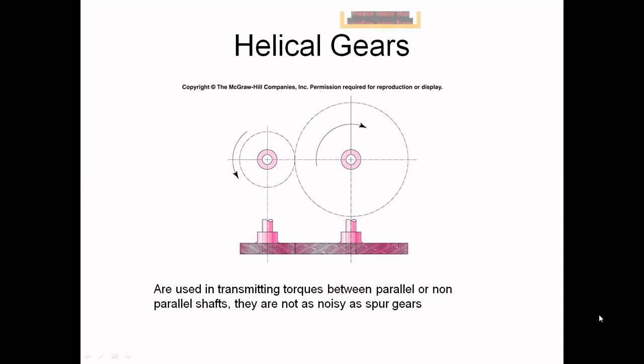They are not as noisy as spur gears. The functioning is smooth, not making noise. This is known as helical gears. There is some helix angle in the teeth with the axis.